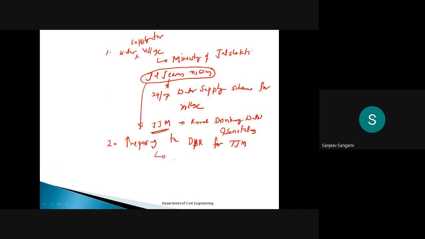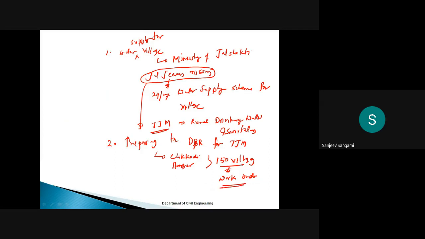We already submitted it for the Chikkodi as well as Haveri districts, for more than 150 villages, and the work order has also been issued.